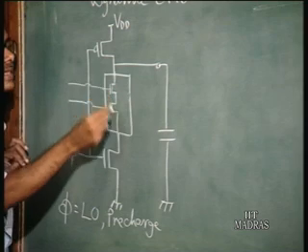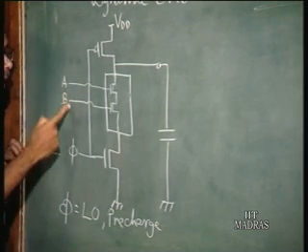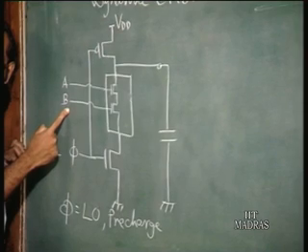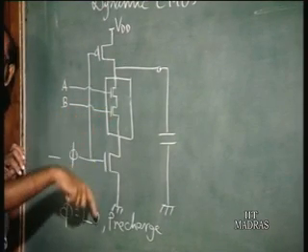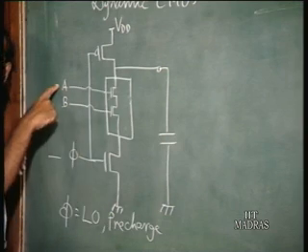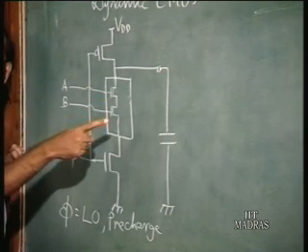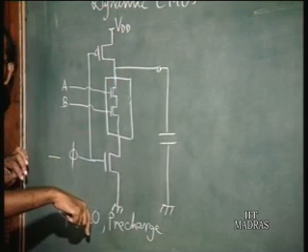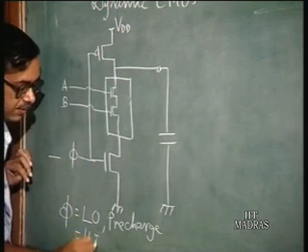In this case, if you have two inputs A and B, only when A and B are high is there a path to ground. So only when A and B are high is the output 0. This is a NAND gate. So the capacitance gets discharged. When phi is high, this is the evaluate phase.